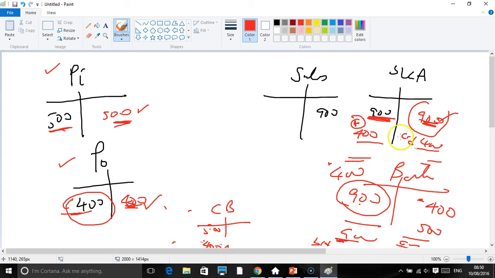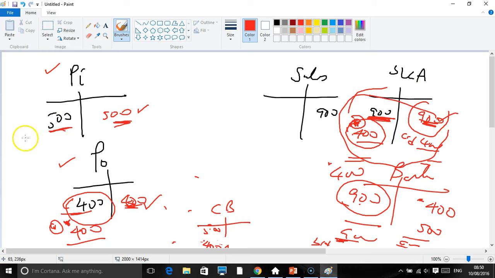So when we debit this sales ledger control account with 400, we also have to debit Poe's account with 400, because he still owes us. And the accounts must show the fact that he owes us. This 400 is exactly the same 400 here. This is just a total of everything that's happening here. I keep emphasizing this.